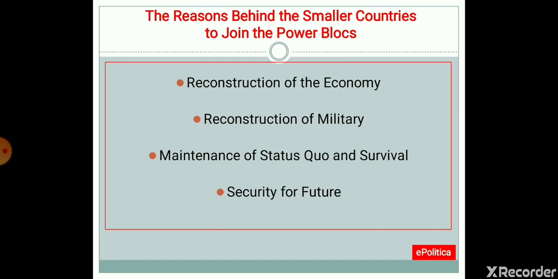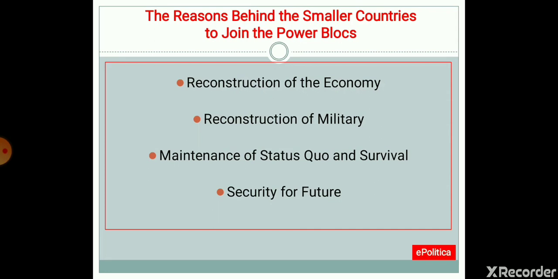As you all know, due to the First World War and the Second World War, the economy of the smaller countries was completely devastated. So in order to revive the economic conditions, the market, the infrastructure, and the industries, the smaller countries needed to depend largely on the big, powerful countries. Therefore, they were participating in power politics.